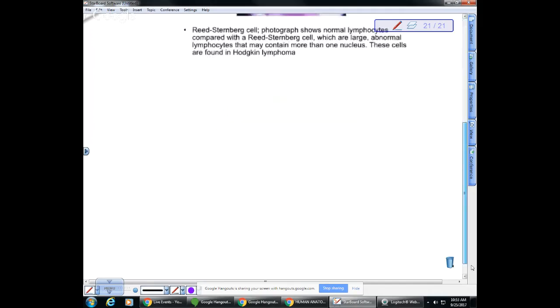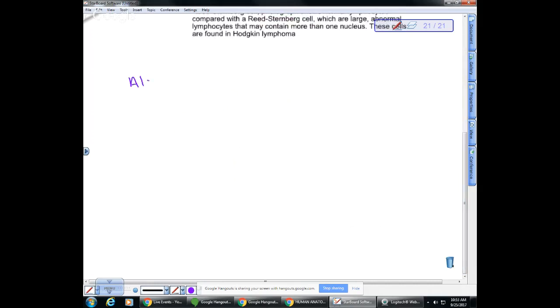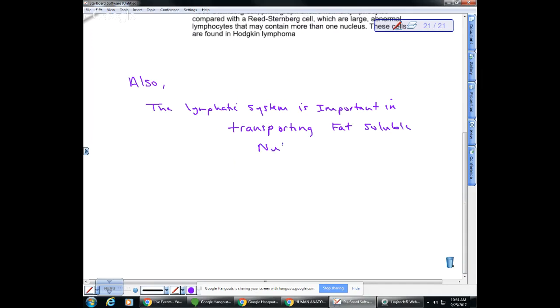Just as a note, the lymphatic system is important in transporting nutrients, specifically fat-soluble nutrients. So when we get to the digestive system, we're going to talk about the lymphatic system some more.